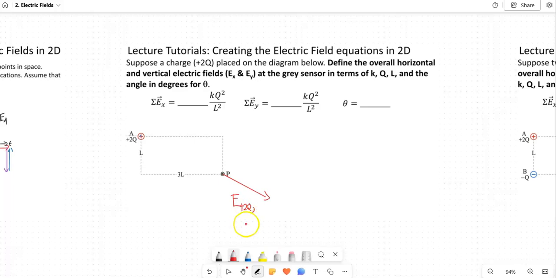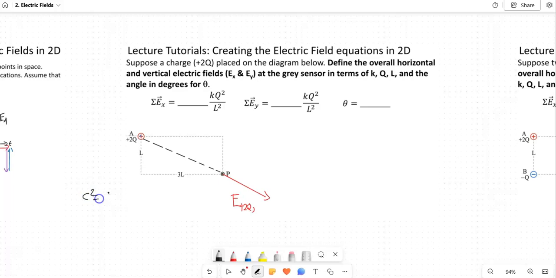And we don't know the distance, so we need to figure that out. Well, this is that distance right here. I'm going to make it a dotted line. To get this distance, that's c squared equals a squared plus b squared.